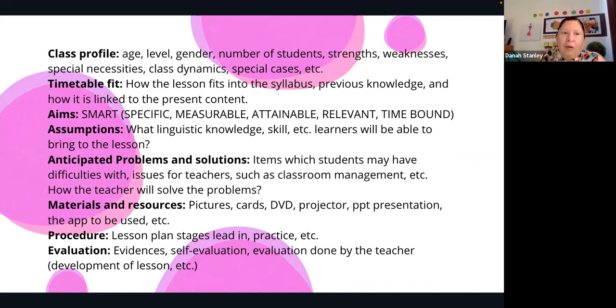It's not necessary to include every single element of this page. Probably at the opening of each unit, or module, as you call it, because there's going to be some information that may change, okay? So the first element I need to have is the class profile.